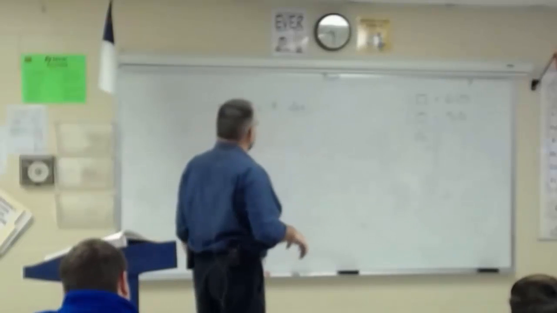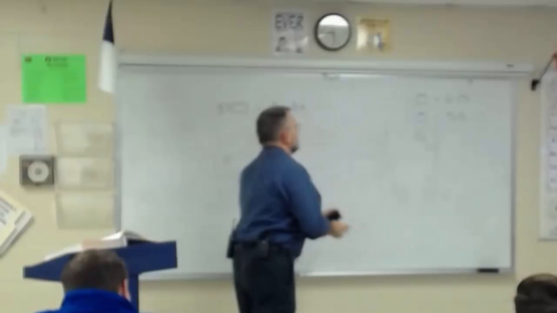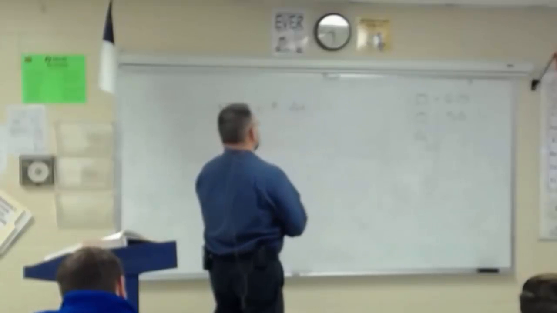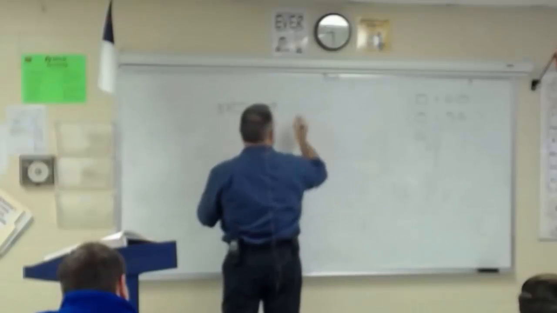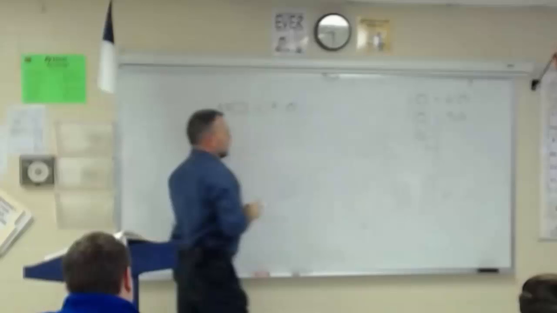Actually, let's make it easy first. Let's do a one-stepper. Let's just start with going to circles. How many circles do I have for 37 squares?